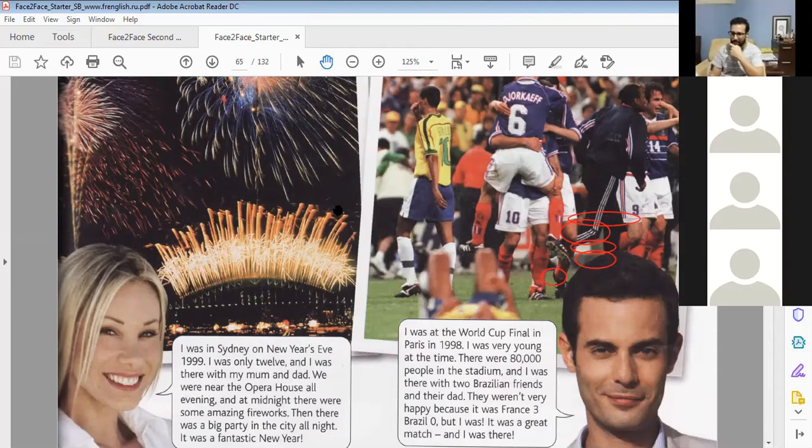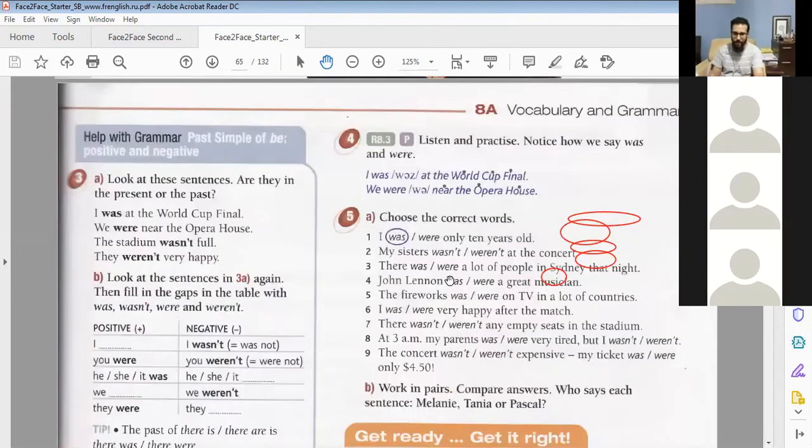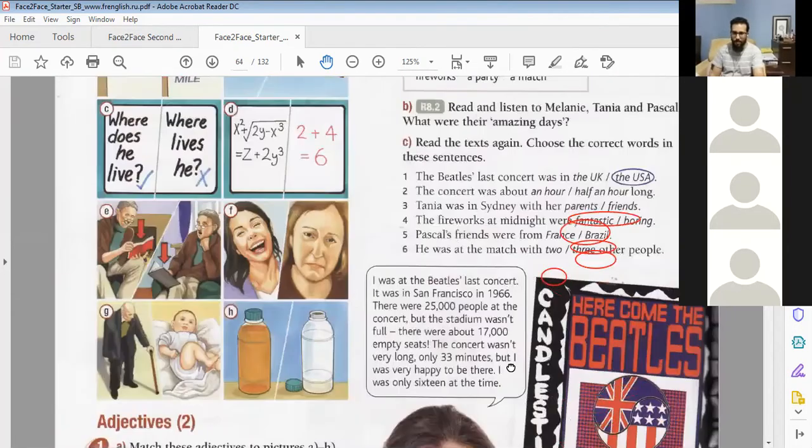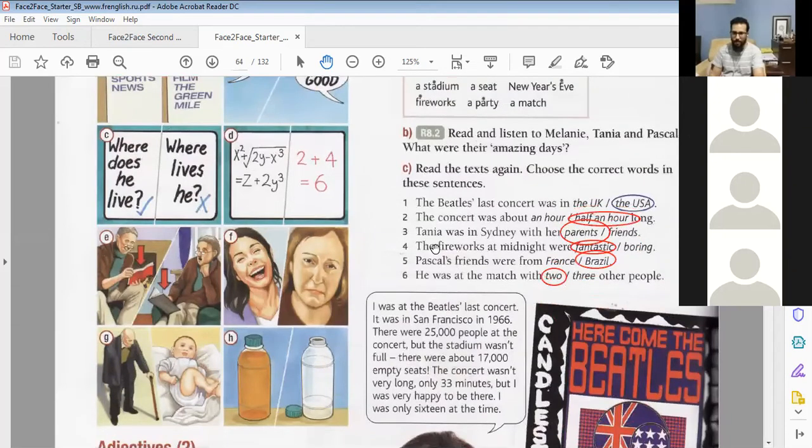Two Brazilian friends and their dad. 3 people. And their dad. Okay, so this means that his friends were brothers, but he was at a match with 3 other people, 2 friends and their dad.